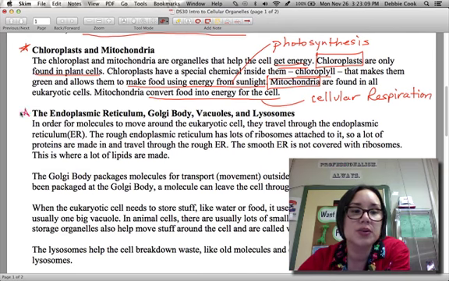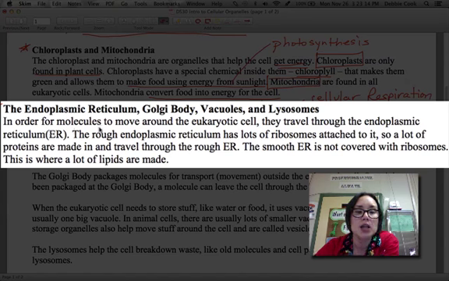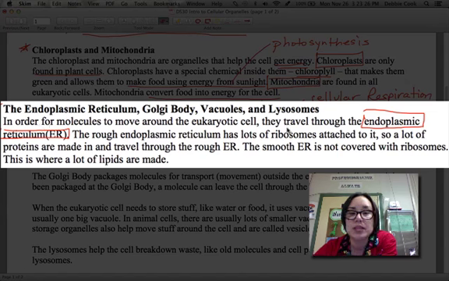The endoplasmic reticulum, Golgi body, vacuoles, and lysosomes. In order for molecules to move around the eukaryotic cell, they travel through the endoplasmic reticulum. So these guys basically allow for travel. The rough endoplasmic reticulum has a lot of ribosomes attached to it, so a lot of proteins are made in and travel through the rough ER.